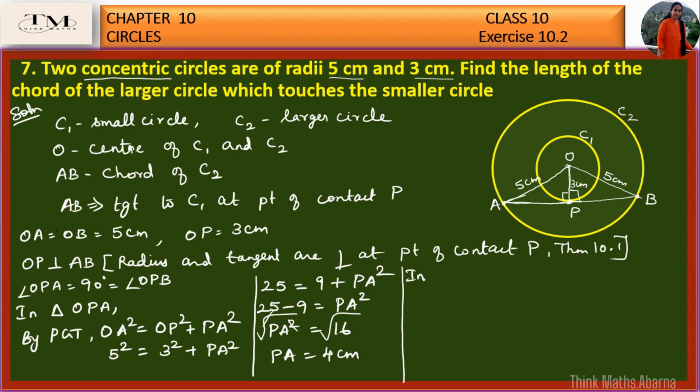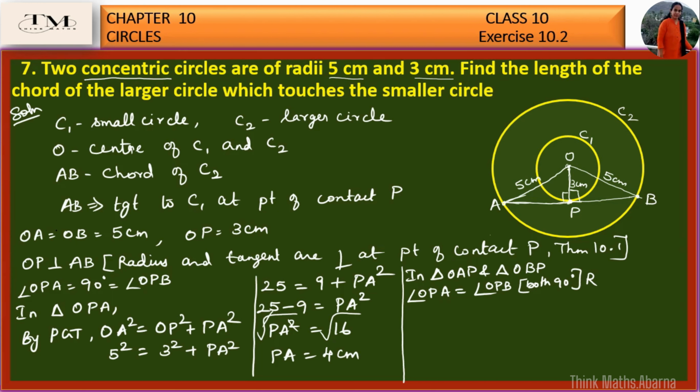So in triangle OAP and triangle OBP, what are the things we have? We have angle OPA equal to angle OPB because both are 90 degrees, that is, right angles.